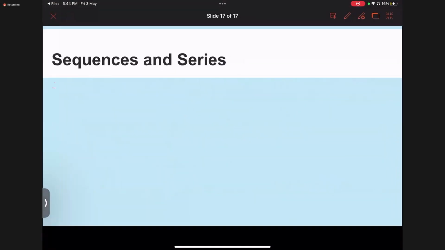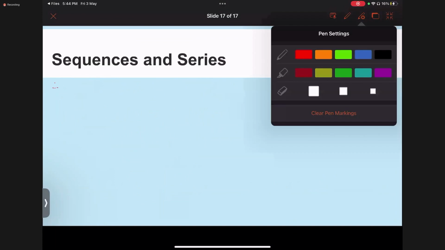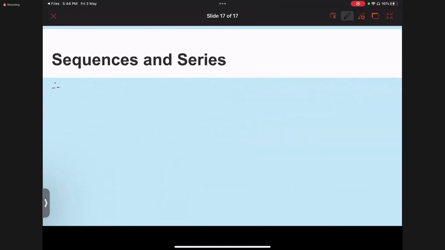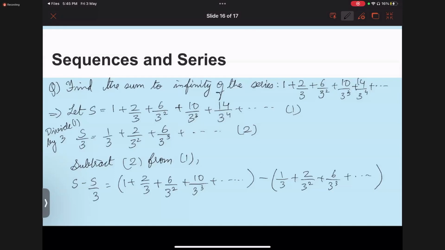Okay, so therefore, what you now have is 2S by 3 equals 1 plus, now what we will do is that over here you have 1 by 3 and you have 2 by 3. So the 1 will stay separate. Then you have 2 by 3 minus 1 by 3 over here because these two have the common denominator.